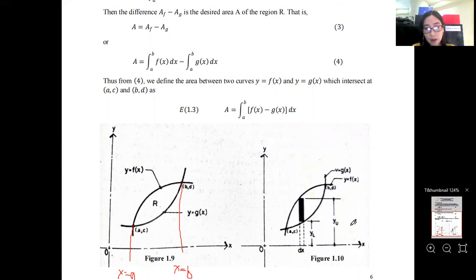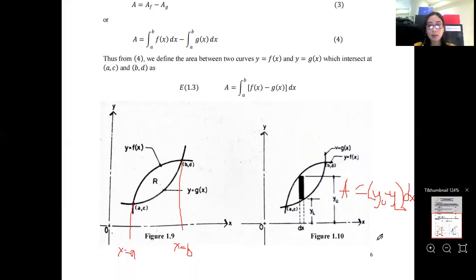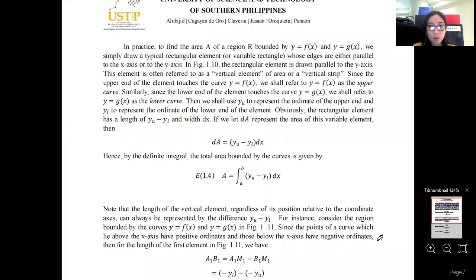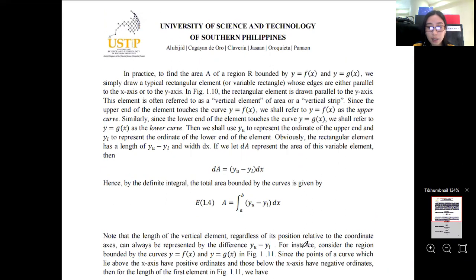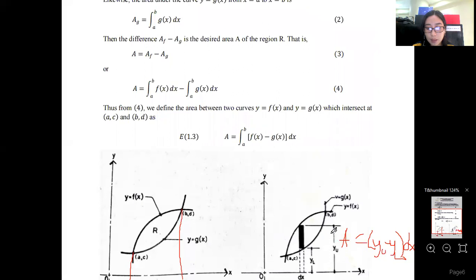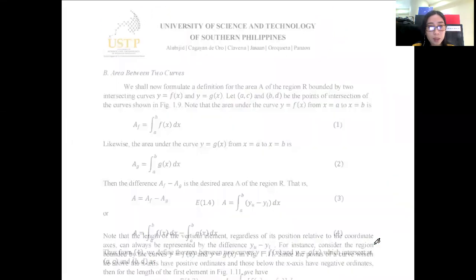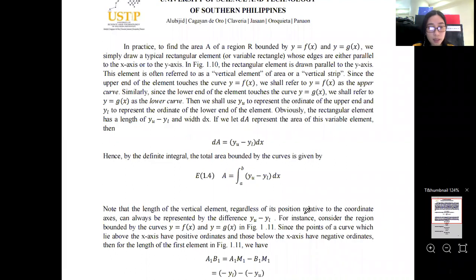If we get the area of that strip, it is equal to y sub u minus y sub l times dx or delta x. So that is dA, the area of the strip. Again, the area of the strip is y sub u minus y sub l times dx.